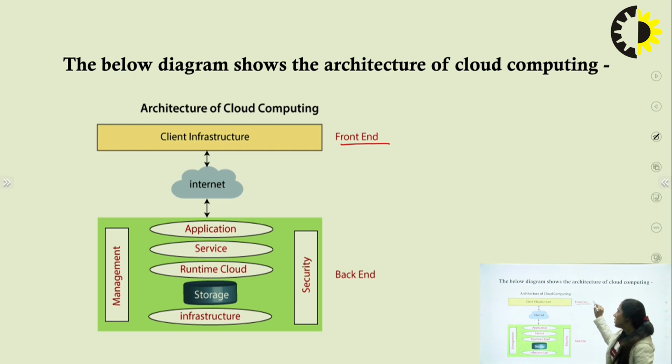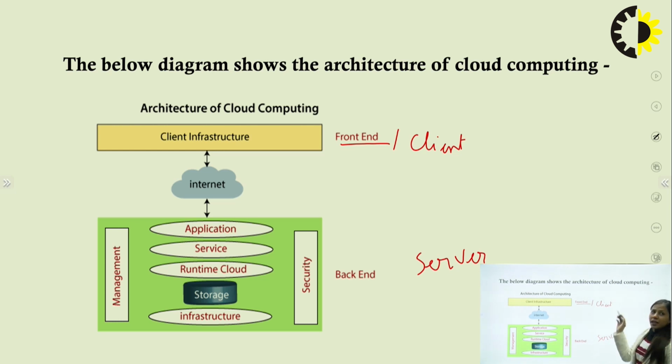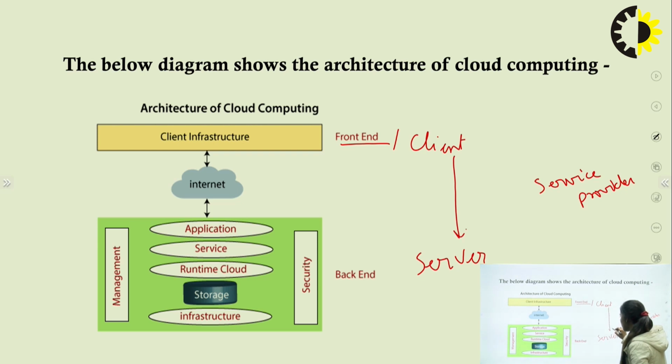We can consider the front end as a client, and there is a server, and cloud computing acts as a service provider. Service provider means the client requests particular services and the server responds with the various services, like platform as a service, software as a service, and others.